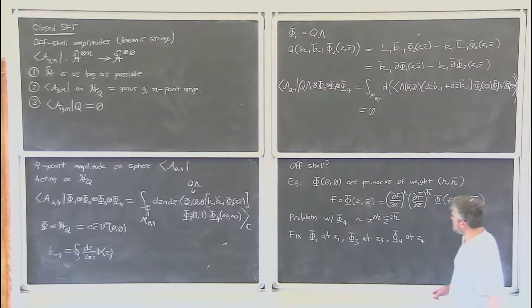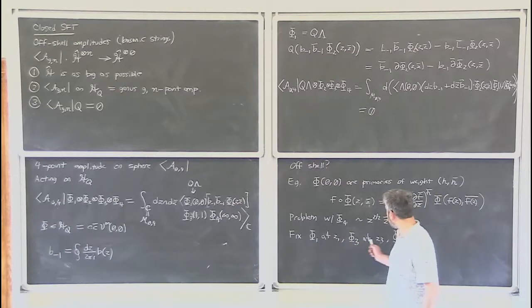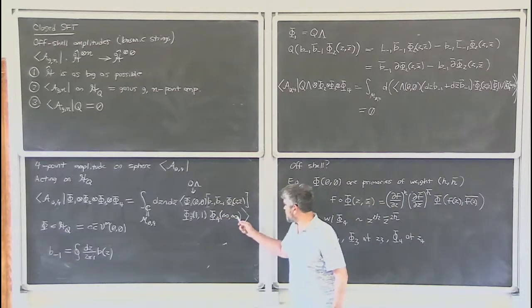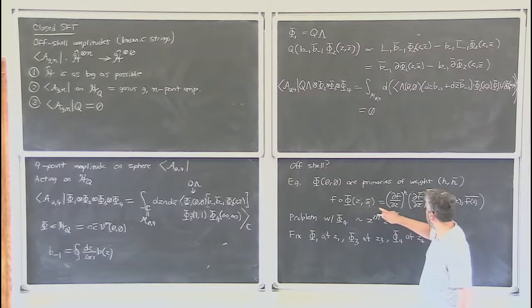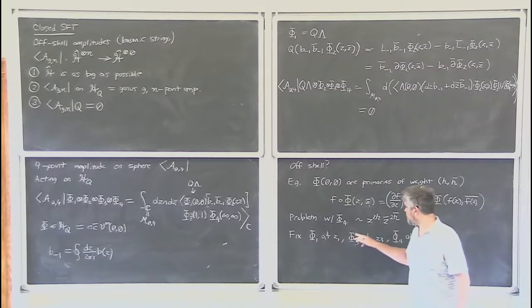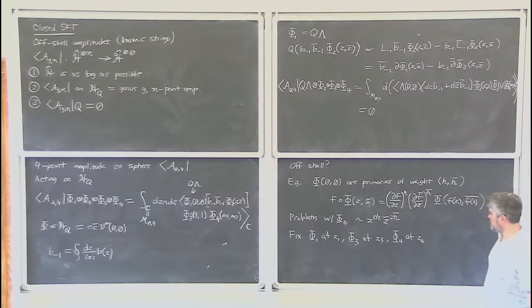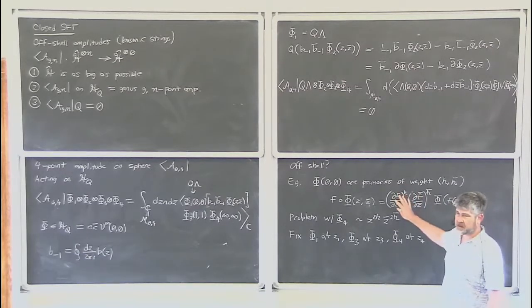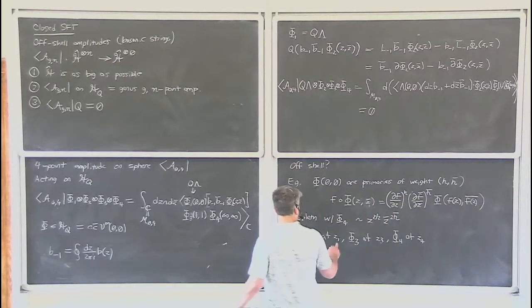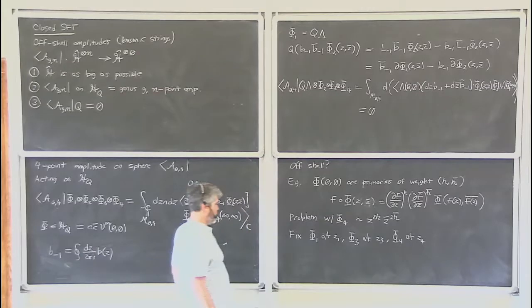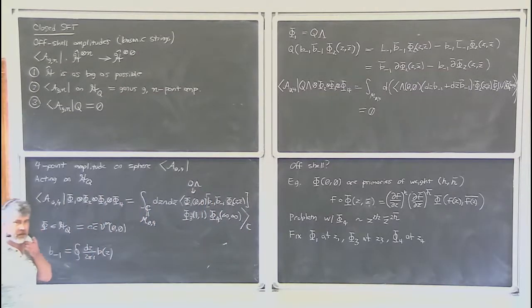The reason is that we can map these positions back to the canonical positions using some SL2C transformation, but because these operators acquire a non-trivial factor under conformal transformation, when we map these three operators to a standard position, we will get different answers, depending on where we fix the operators from the beginning. So for any choice of z1, z3, and z4, we generate a different off-shell continuation of the amplitude.